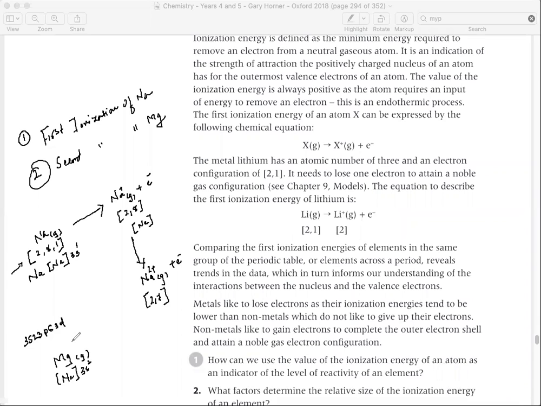Yes, it doesn't matter, but usually the numerical value is written a little bit up, only to distinguish the orbital. Okay, so you can read it easily.